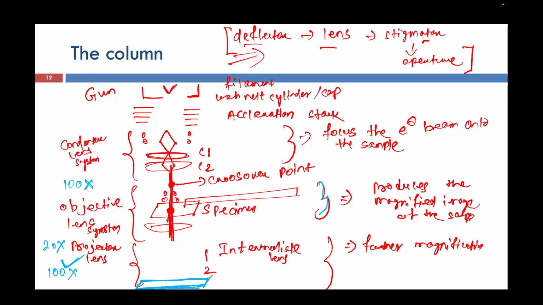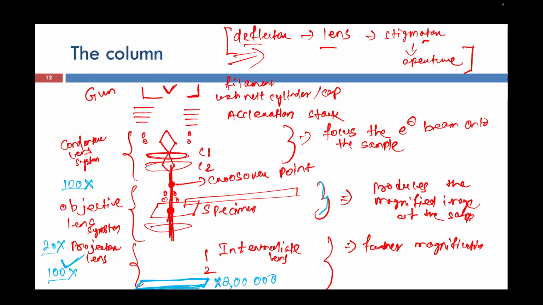When I get my final image at the detector, it will have 2 lakh magnification, because here it is 100 into 20 into 100. So this is how I am able to achieve nearly 2 lakh magnification here, but with the addition of other lenses we are sometimes able to achieve million magnification, that means 20 lakh magnification also.